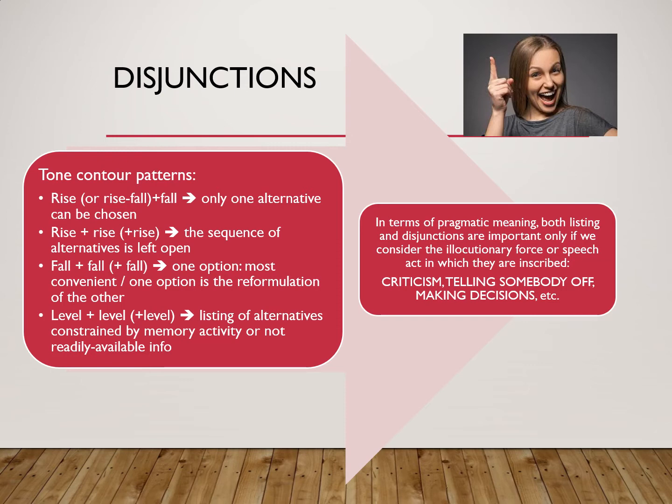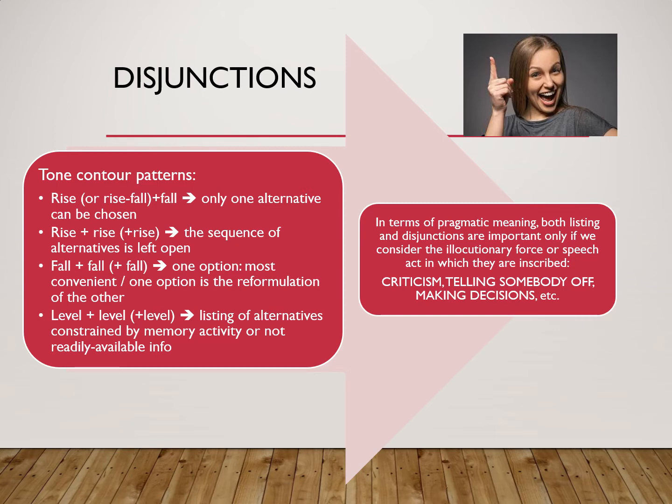If the referring tone is used for both alternatives, then we can imagine that more alternatives can exist. When the alternatives have a fall tone and come in a sequence, then the subsequent alternatives seem to be a better alternative to the previous one. And finally, the intonation pattern which displays memory activity is the level tone.